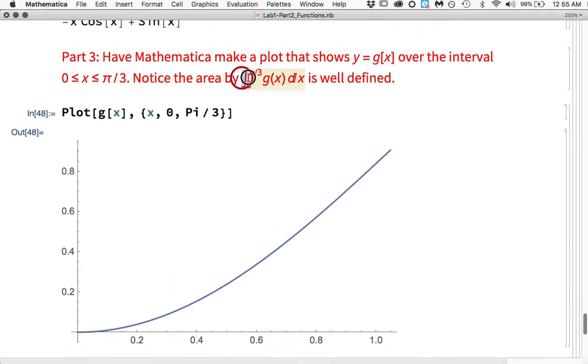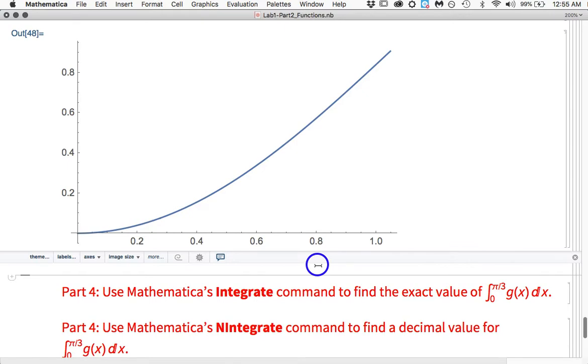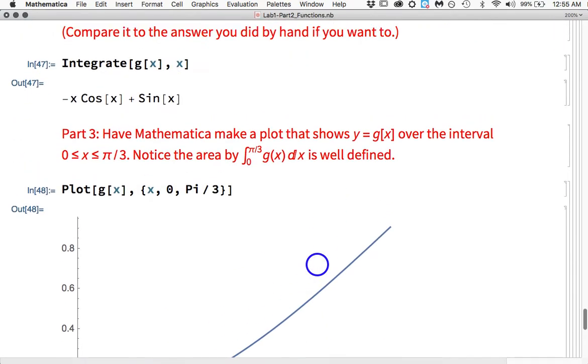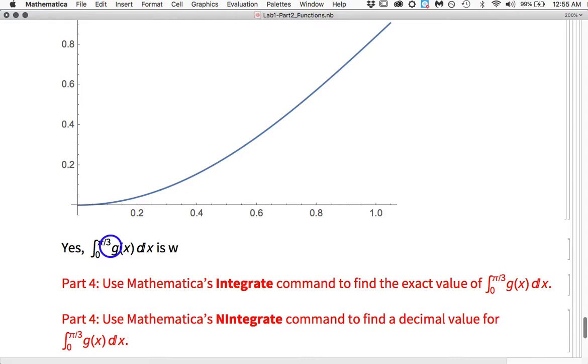And this definite integral is equal to the area underneath that curve. So let's put that in a text cell. Yes, that definite integral is well defined because the area under the curve exists.